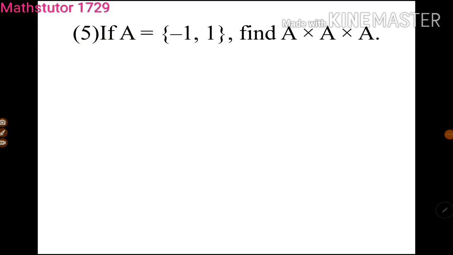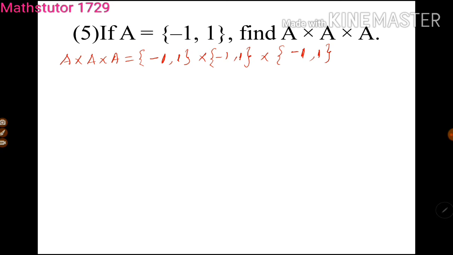If A is equal to set minus 1 comma 1, find A cross A. We should know the elements in A cross A are ordered triplets, not ordered pairs, because here we have 3 sets. Okay. Now write A cross A as okay.